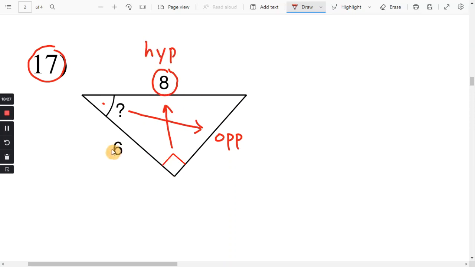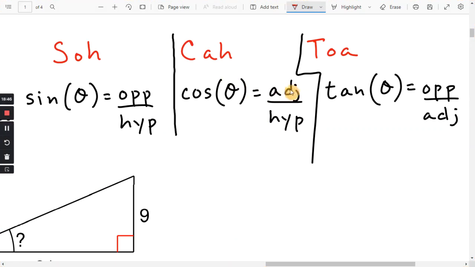And finally, the remaining side is your adjacent. All right, so we don't have opposite. So we want to find the formula or the function that uses adjacent and hypotenuse. So the formula that uses adjacent and hypotenuse is the cosine function. So we're going to use this formula.